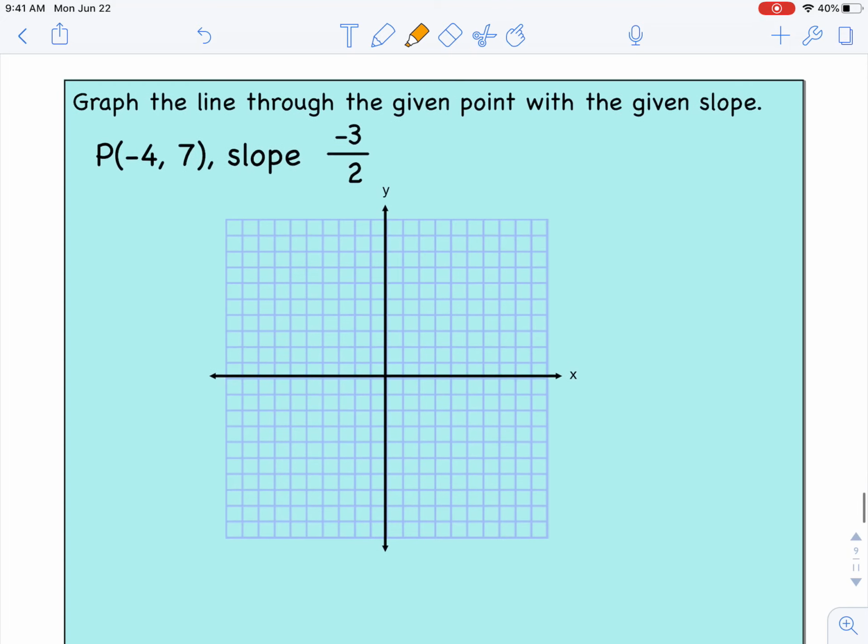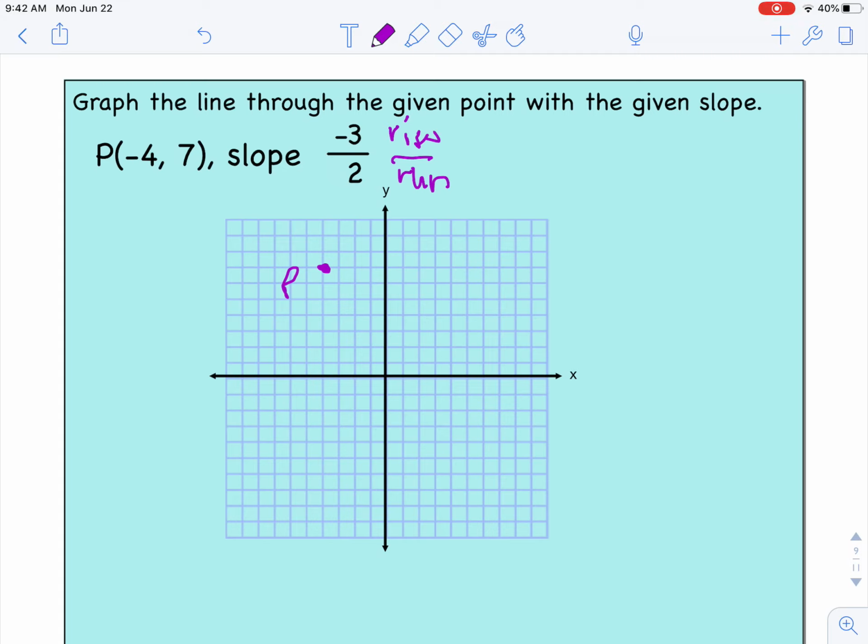So now we're going to do some graphing. It says graph the line through the given point with the given slope. So to do that, the first thing I do is plot the point. So -4, 7 is right here. That's point P. Now I use my slope to get to the next point on the line, which means I have a rise of -3 and a run of 2.